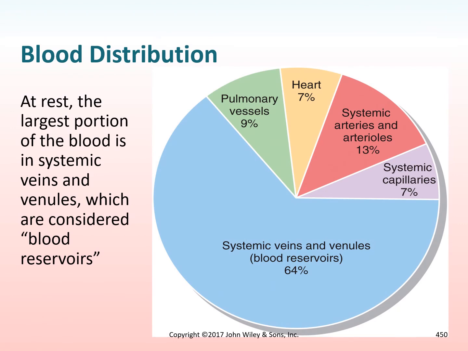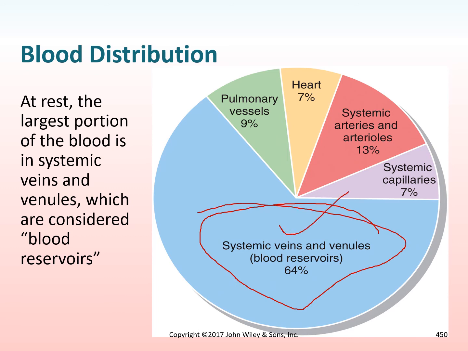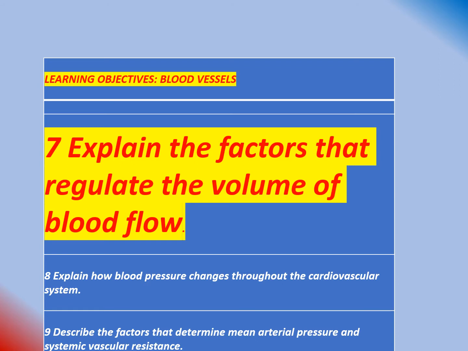The systemic veins and venules are basically the blood reservoir. The pressure reservoir could be thought of as the aorta, for example, which bounces back and forth. But the reservoir for blood, it's the veins.